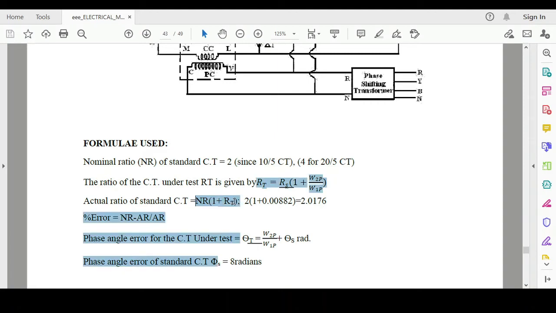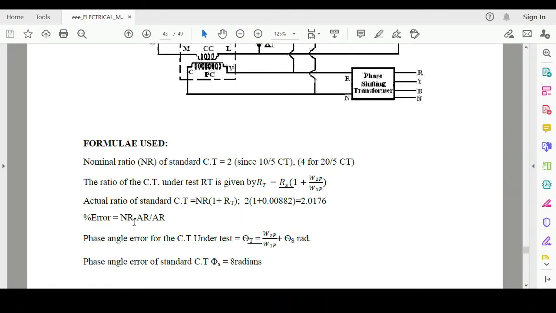This is the expression. Our actual ratio of our standard transformer is this one. Okay, we can substitute the RT value here, and you will get the actual ratio of our standard current transformer.